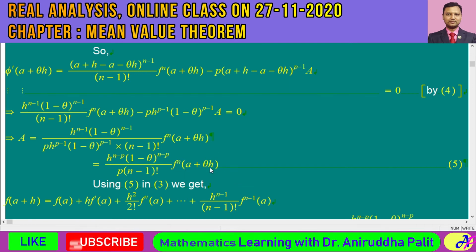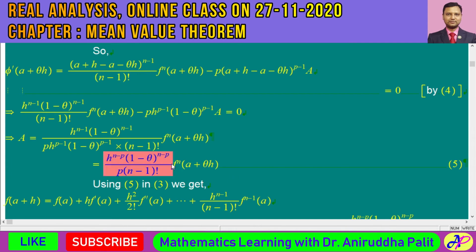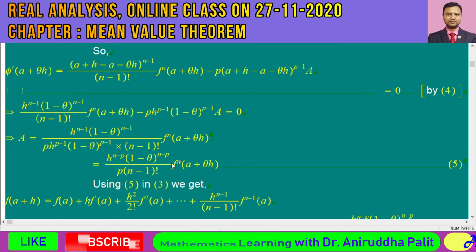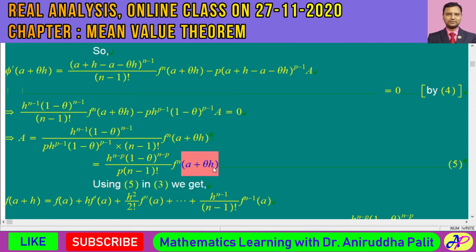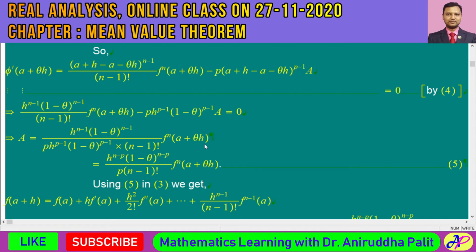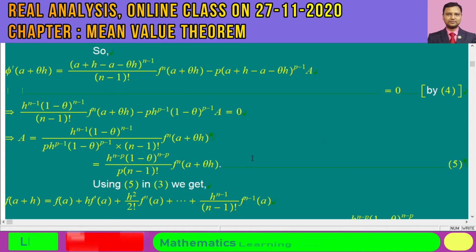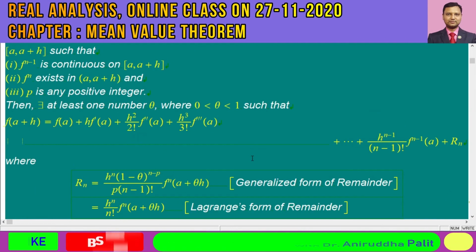Okay, so you got the value of the constant capital A, and that is actually a finite number because all these exist, and the nth derivative also exists at the point a plus theta h. So this is actually the value of capital A. Therefore, now we can say that yes, our model by which we took the expression of phi.